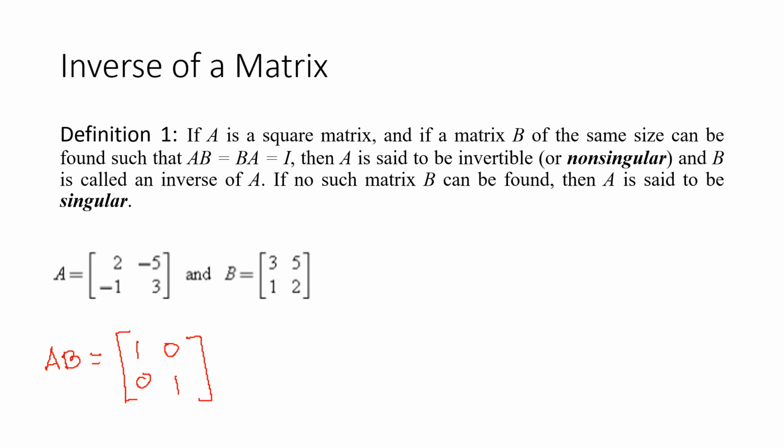So that's the identity. Then, if you have BA, you have 3 times 2 plus 5 times negative 1, which is equal to 1. Then so on, 0, 0 and 1, which is equal to the identity. In other words, A and B are invertible and each is an inverse of the other.